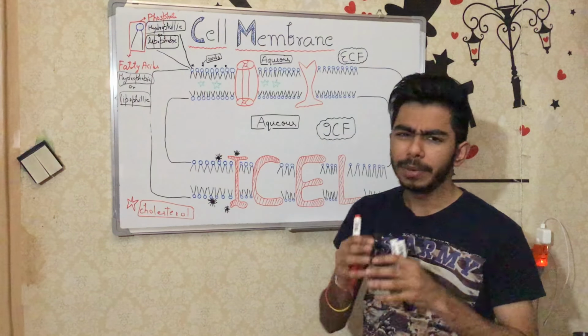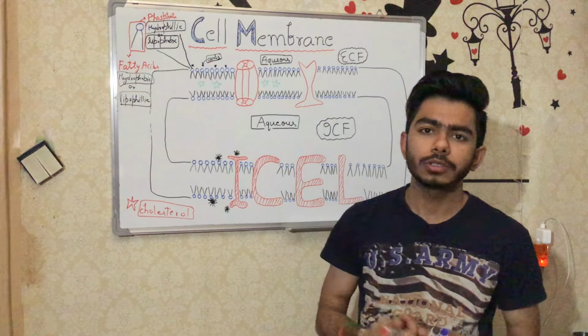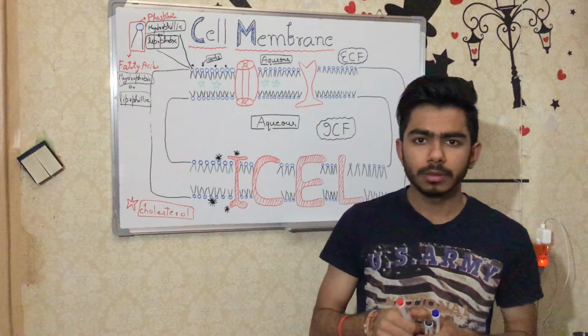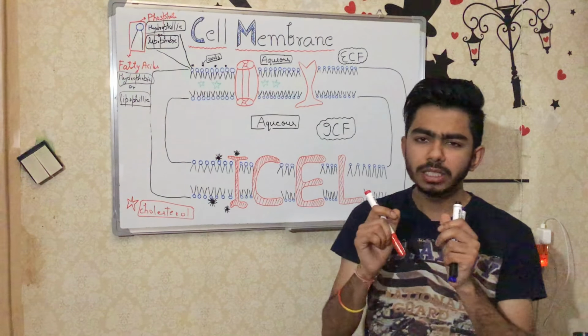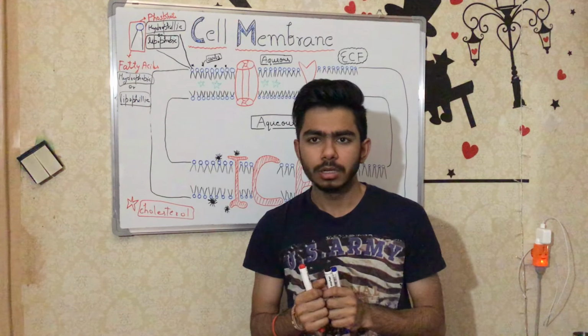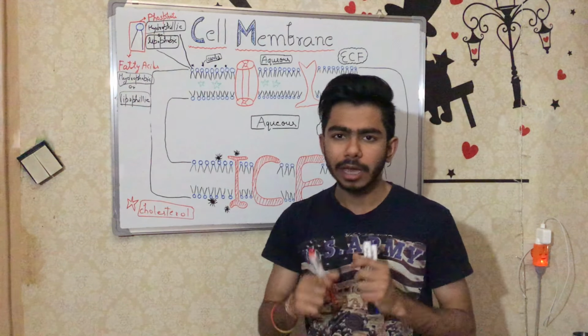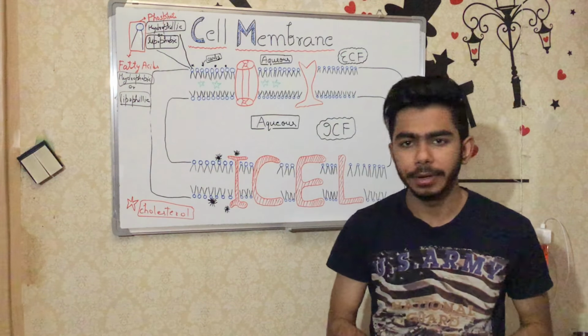Whereas some bigger structures, some water soluble structures, what about those? They also want to penetrate the membrane, so they need some passage, and these structures help those substances to pass through the cell membrane.